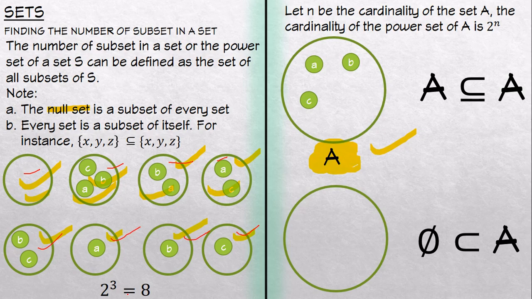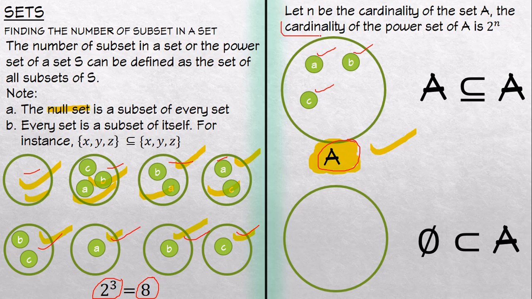So it is 2 to the power 3. Realize that this 3 is the number of elements in this set A, which is 1, 2, 3.